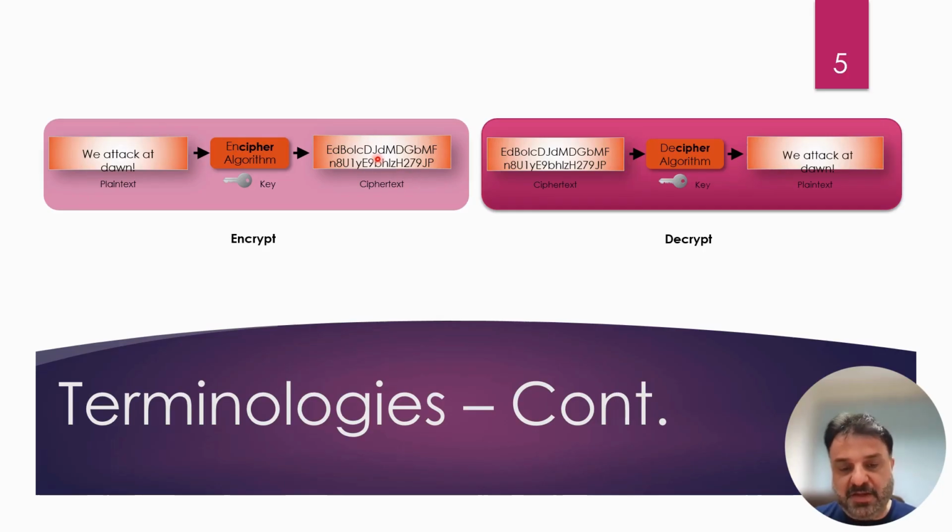So this is the ciphertext. And at the receiver, we need to decrypt this message, because we receive this message as ciphertext, and we need to use the same key to decipher, using the decipher algorithm to provide the plain text and read it. Okay, so all these terminologies are shown in this diagram.